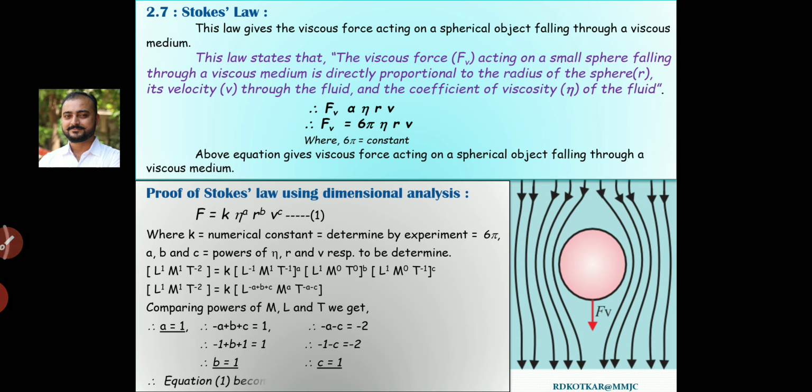Therefore equation 1 becomes F equals K into eta R into V, and that is the proof of Stokes law using dimensional analysis. In this manner, this is about your Stokes law.